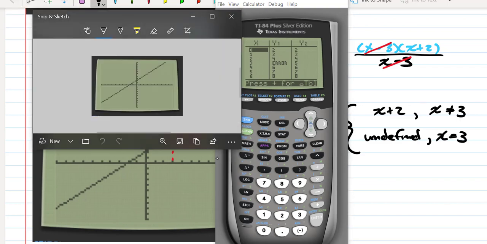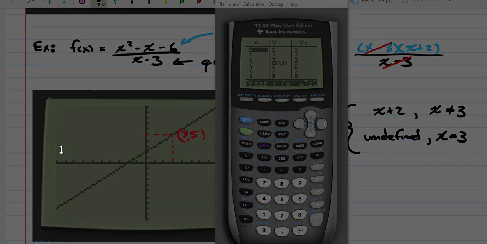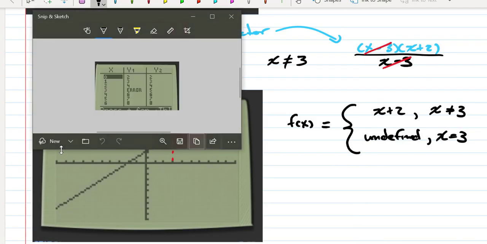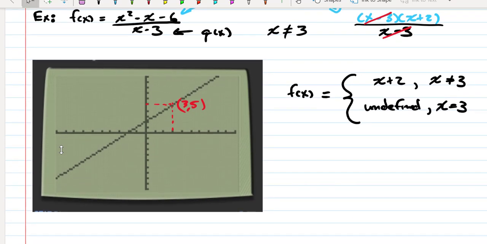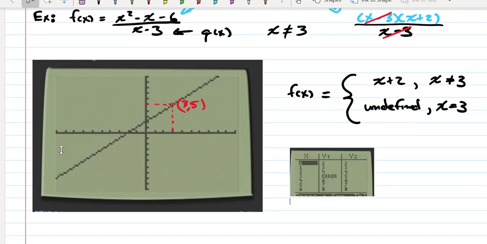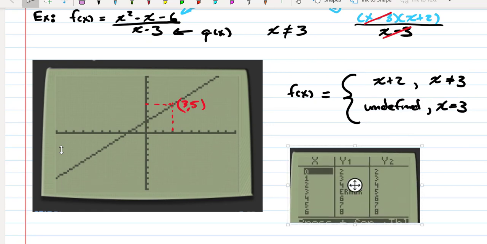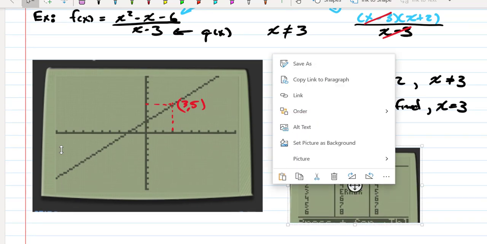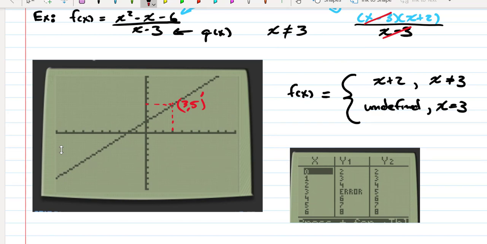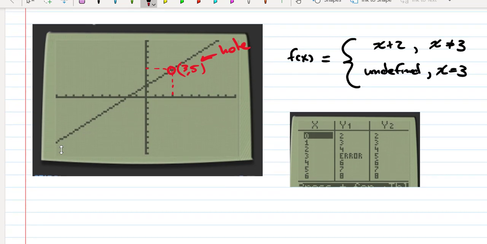At 3, I get that it's undefined in the original function, but in my new function, the output is defined to be 5, which is the missing point on the graph. This point right here is referred to as a hole. So to make our graph correct, this is really a piecewise function with one of those hollow circles on it, like what we saw in the previous chapter.